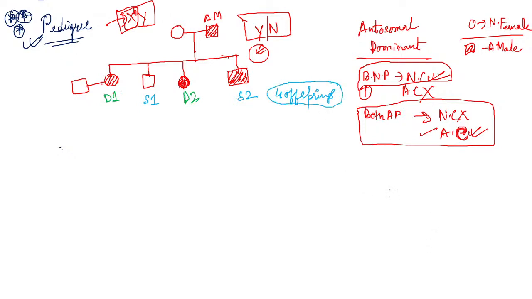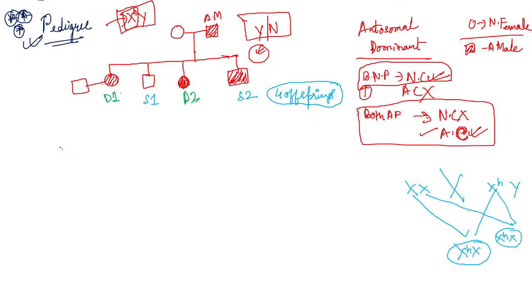I will show you a cross also. If XX crosses with XHY, right? Then what will we get as the combinations? First combination will be XHX, this one. Next combination will be XHX, this one.